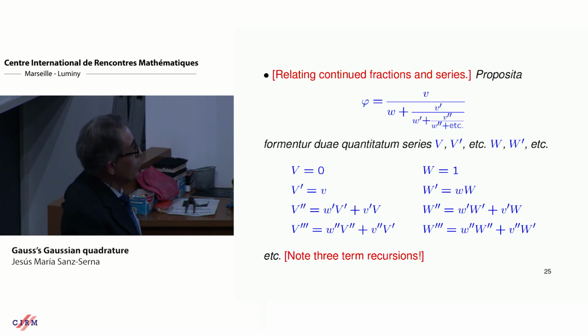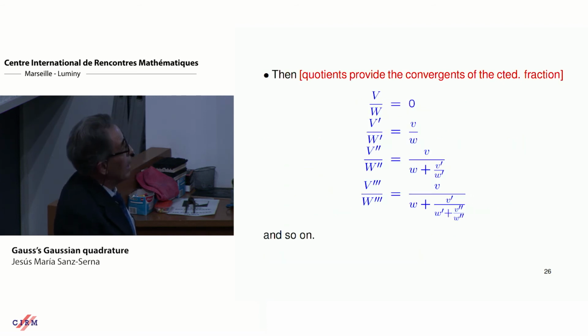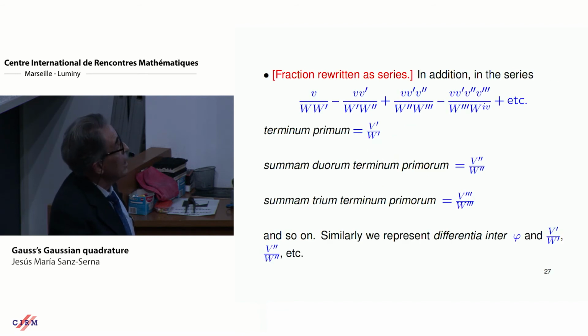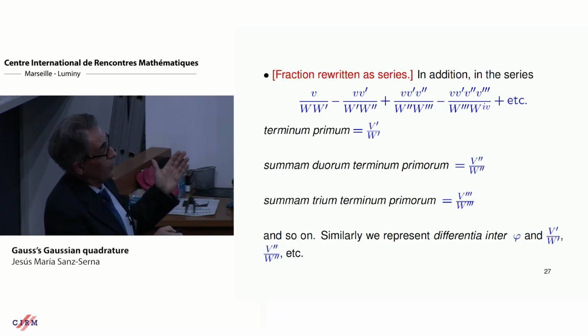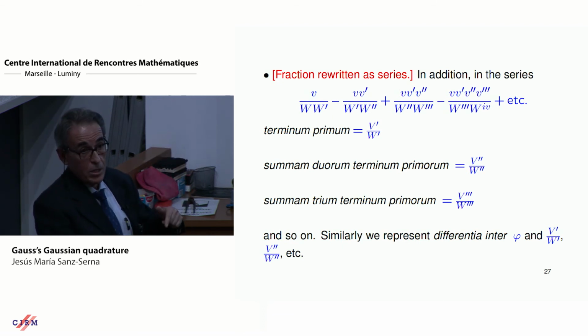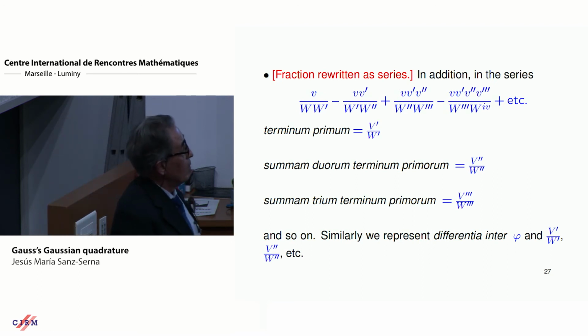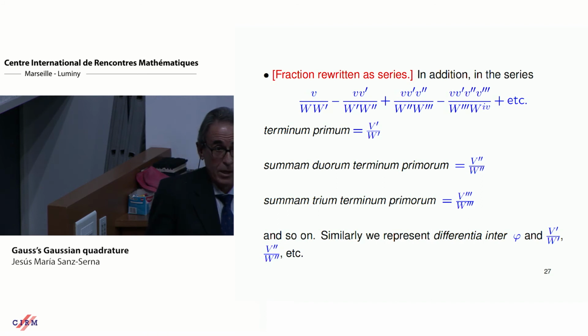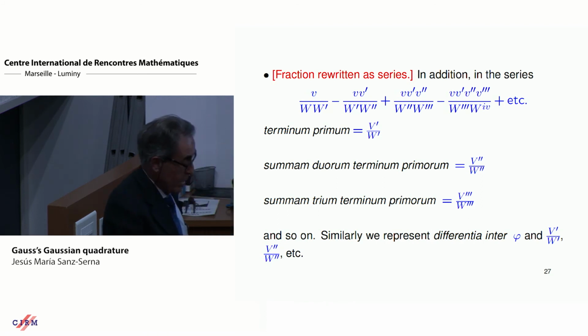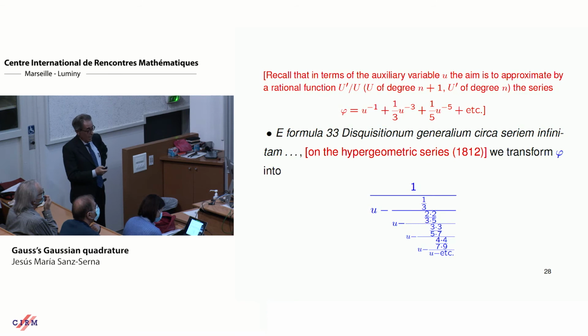So once you've computed those v, then the quotients of the v's, of course, give us the convergence of the continued fractions. And then he shows how to go from the continued fraction to a series, and from a series to a continued fraction. So I think this is very well known today, and we would explain it in the same manner.